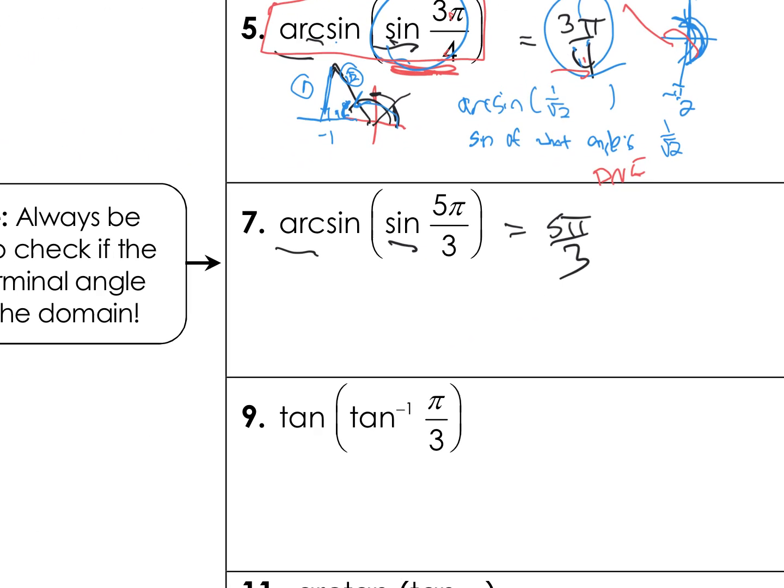7, double checking. Sine of 5 pi over 3. Well, 5 pi over 3. I'll do it backwards. 5 times pi is roughly 15. 15 divided by 3 is 3.